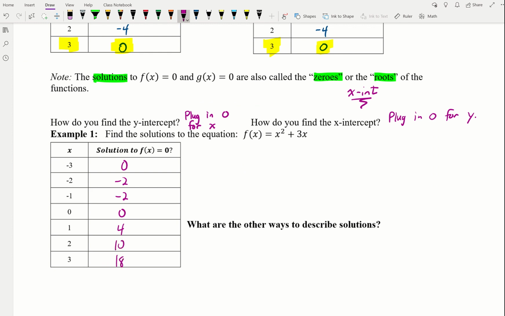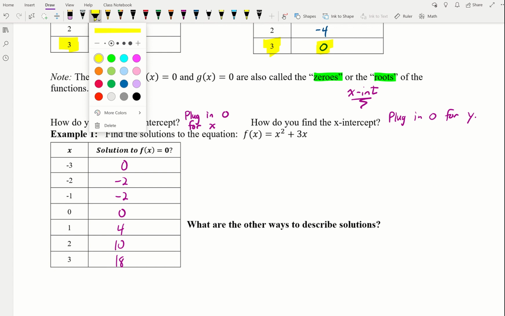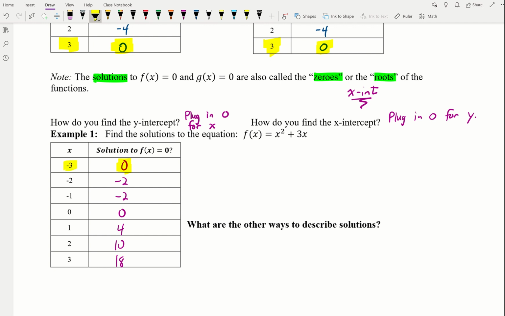Now, again, the question is to find the solutions to the equation, which means when does it equal 0? So this time it's 0 at -3, and then it's also 0 at 0. So our solutions would be x equals -3 and x equals 0.